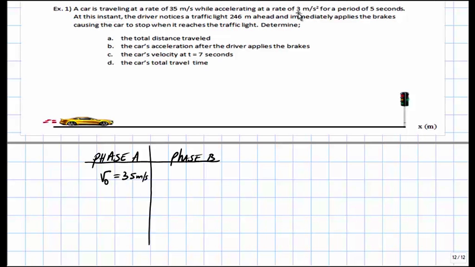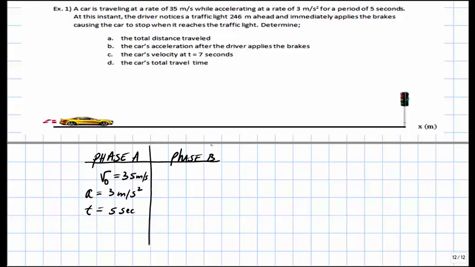Next, we notice that the acceleration equals 3 meters per second squared. And the time frame equals 5 seconds for phase A. So the time equals 5 seconds. Next, the driver notices a traffic light 246 meters ahead.